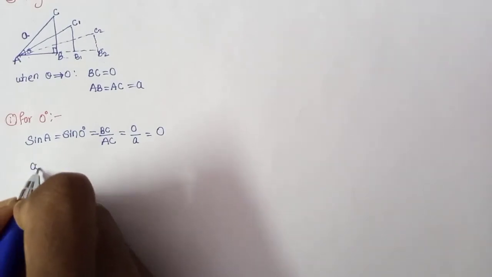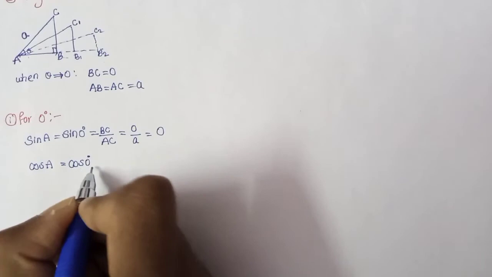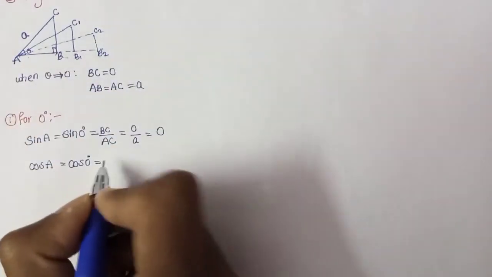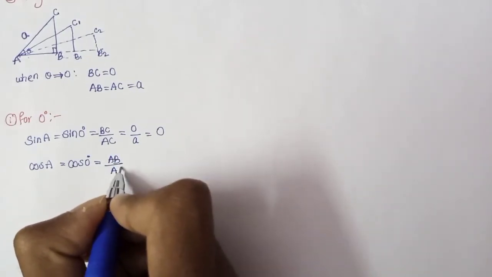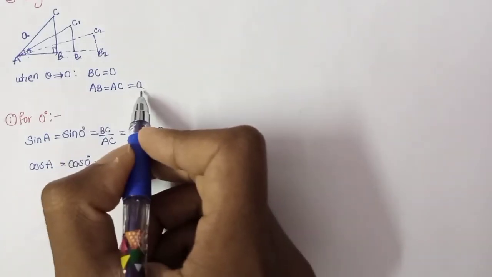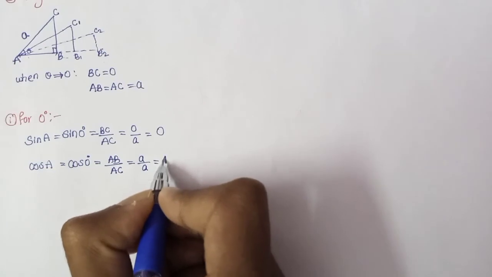And next thing is cos. Cos A is equal to cos 0, which is equal to adjacent side, that is AB, divided by hypotenuse, that is AC. Here AB becomes AC, which is A. That is A divided by A, which is equal to 1.